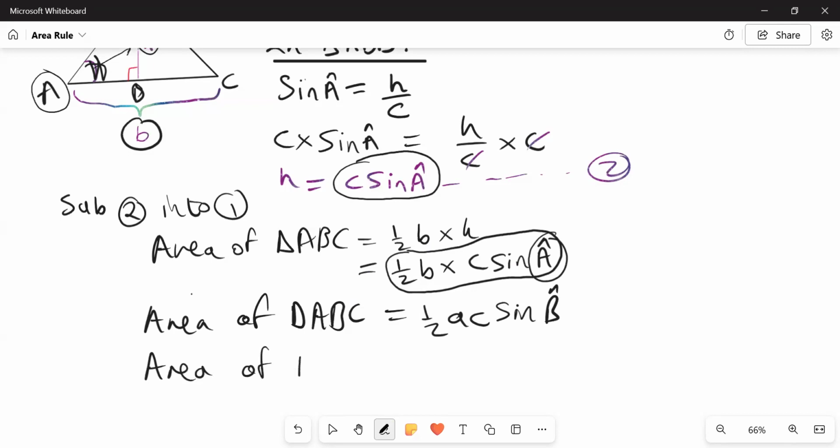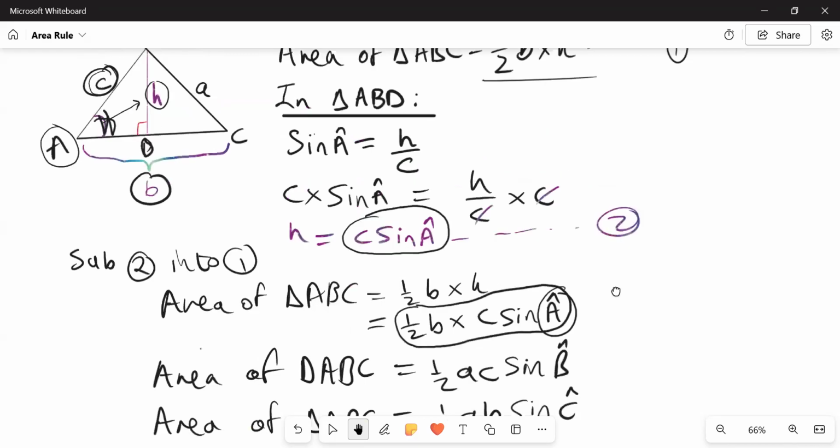And if our C is an included angle, again, you will have half base times AB and then sine C, because now C is our included angle. I believe that everyone understood that part.